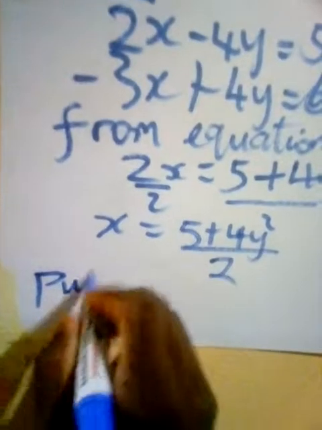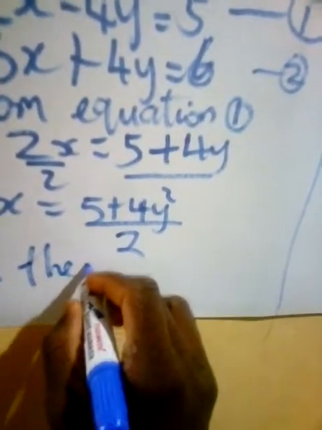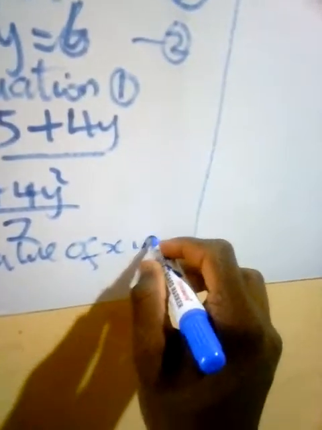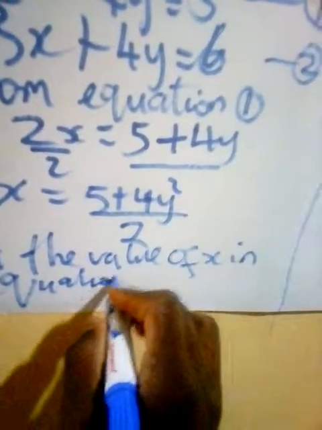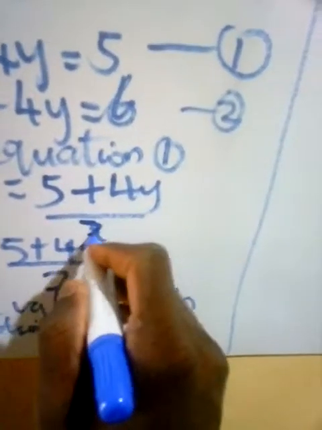This is my x. Now I will put the value of my x in equation 2. That's just to simplify basically. So putting this in equation 2, this is not a square, this is 2, it belongs to the denominator of this.